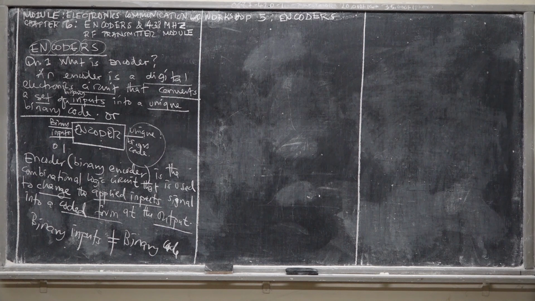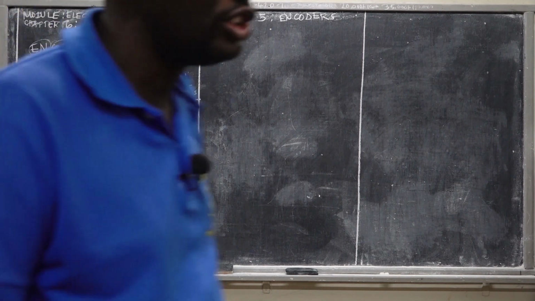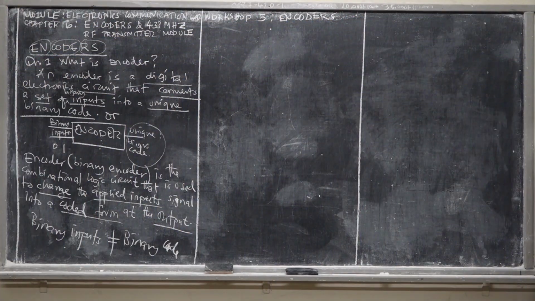Binary inputs. Where do those binary inputs come from in the real world situation? We say that the inputs of the encoder are binary inputs. It's true. Where do we get those binary inputs in the real world?